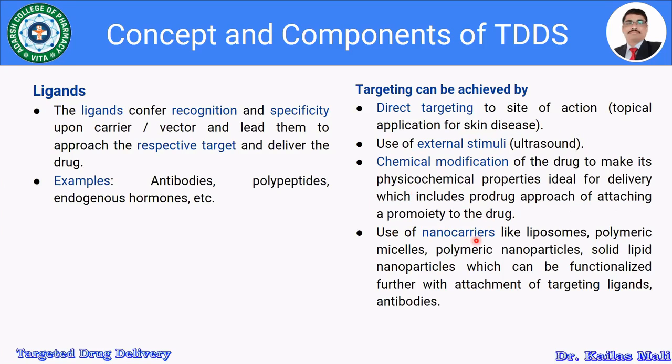And use of nanocarriers like liposomes, polymeric micelles, polymeric nanoparticles, solid lipid nanoparticles, which can be functionalized further with attachment of the targeting ligand and antibodies. So these are the ways by which it is possible to target the tissues, cells or organs or the specific site.